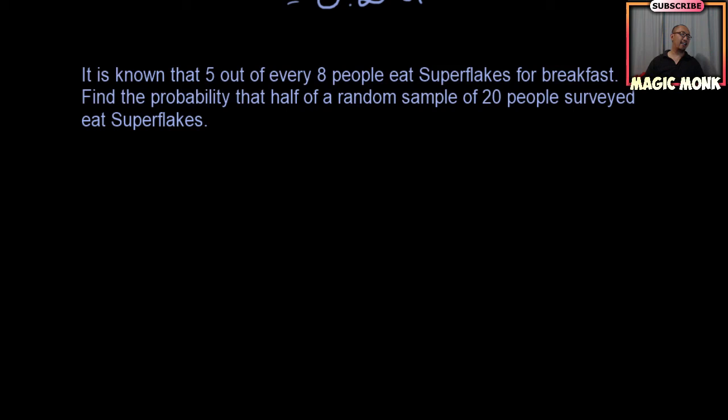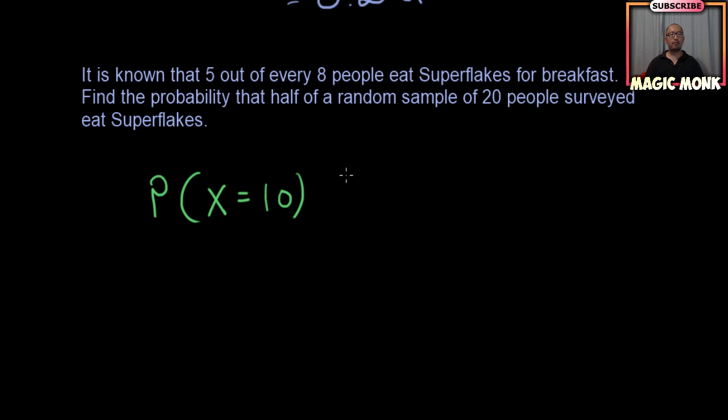That's alright. I'll just show you how to do it. So you have the probability of X having a certain number of successes. The question says half of a random sample of 20 people. So we want 10 successes out of 20.